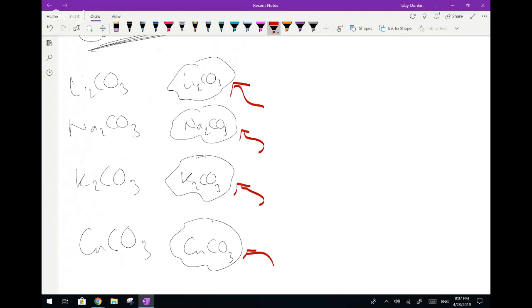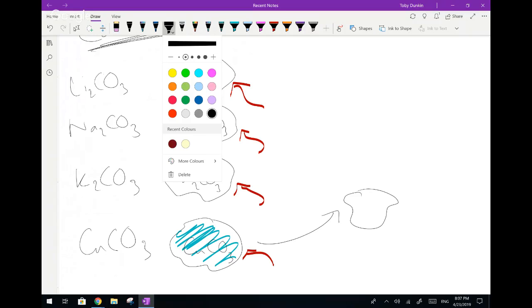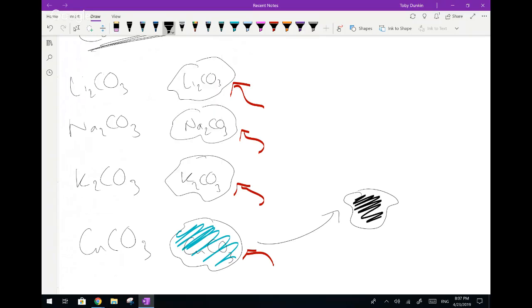Now what happens is that they will break apart. The first one that breaks apart is copper. This goes really easily. It starts off blue-green and turns into a black solid, that's copper oxide, and it releases carbon dioxide into the atmosphere.